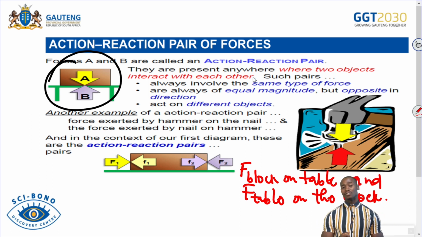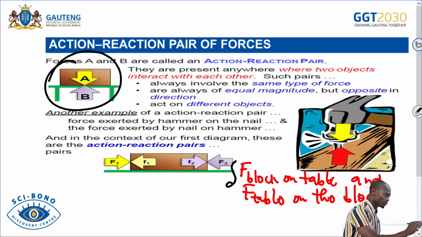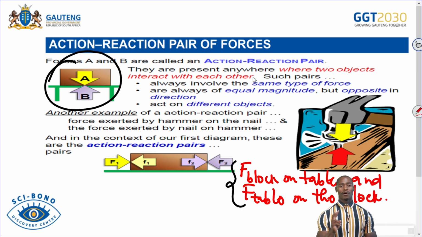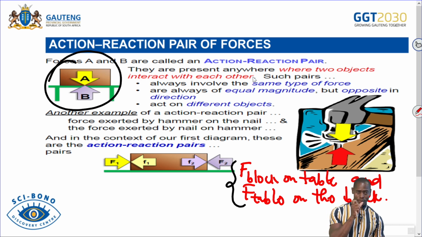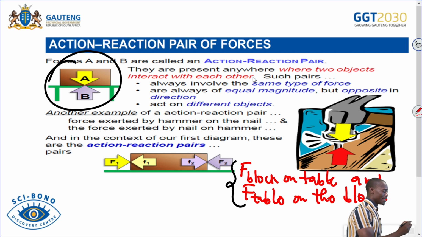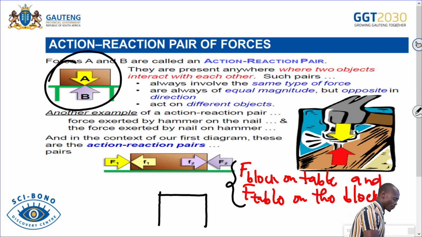Another thing that we need to be careful about: we are focusing on the table and the block, so the action-reaction pair is the force exerted by the table on the block, and the force exerted by the block on the table. And remember, this is very, very important, learners: these two forces are equal in magnitude, but they are acting in opposite directions. For example, here, this is the table, and we have the block.